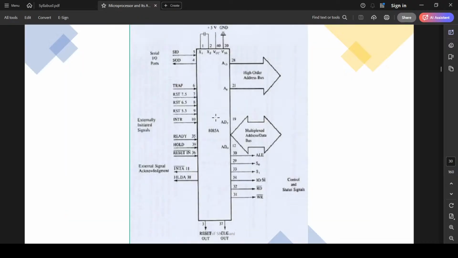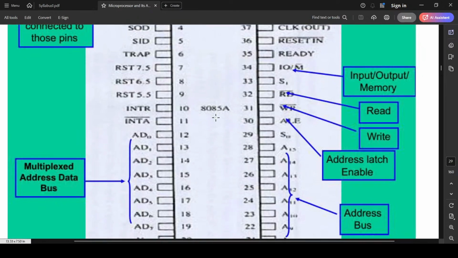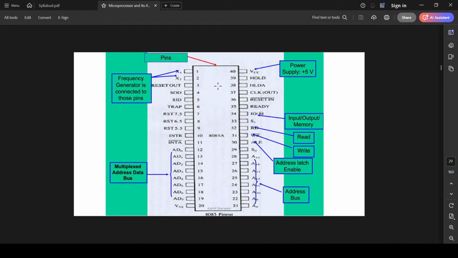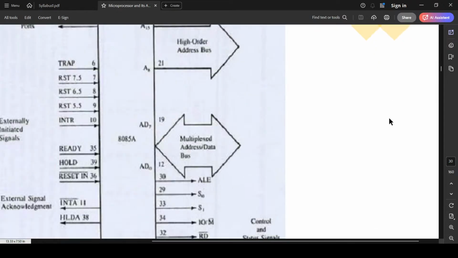Ah, this is the better diagram. Let's see.